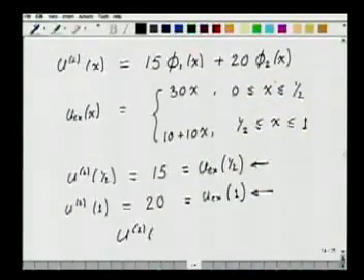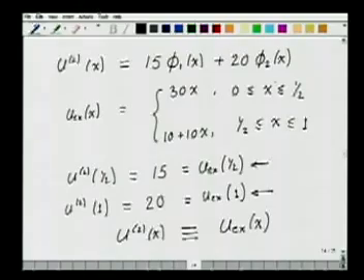In between, they are both piecewise linears. So what do we know? To define a linear, we need 2 points. At both points, these two solutions are the same. So my u2 of x is identically equal to u exact. That is, using these functions phi i that we have redefined, these piecewise polynomial functions, piecewise linear functions, I have been able to capture the exact solution to the boundary value problem that we had been interested in.